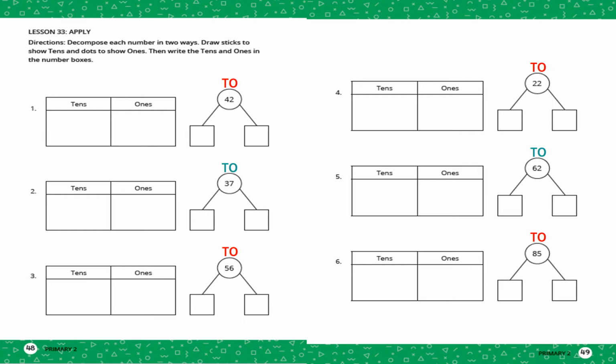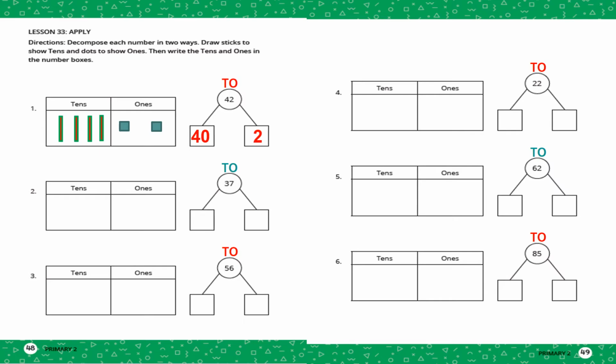So we will draw 4 sticks in tens. How many numbers do we have in ones? 2. So we will draw 2 small squares in ones. Let's decompose 42. How many zeros do we have in tens? Only 1. So 4 with 1 zero, it will be 40. How many zeros do we have in ones? Nothing. So 2 will be 2 as it is.